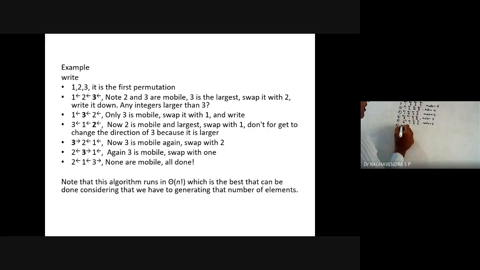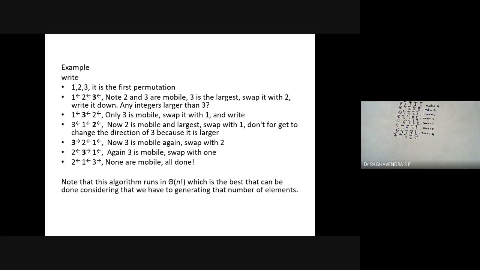So 1, 4, 3, 2. Once again mobile will be 4. We have 1, 3, 4, 2. So once again mobile will be 4. Okay. We have 1, 3, 2 and 4.